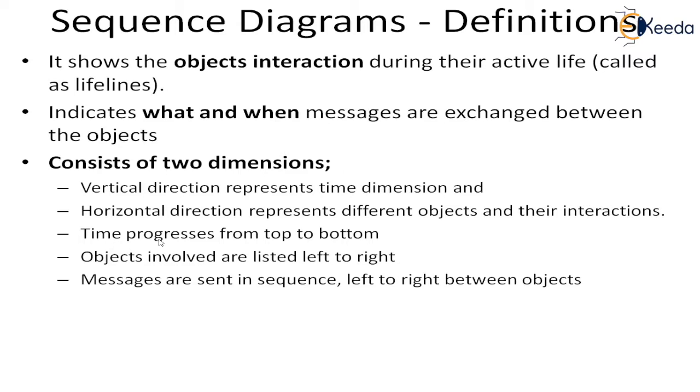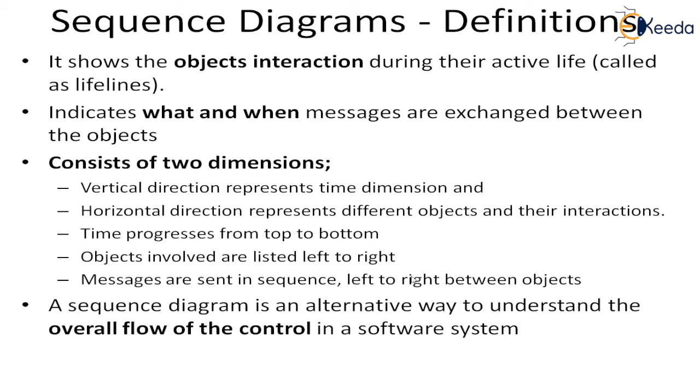As time progresses, time will always progress from top to bottom, and the objects involved are listed from left to right, in the same sequence that the messages will flow. Messages are sent in sequence from left to right between the objects. A sequence diagram is an alternative way to understand the overall flow of control in the software system.